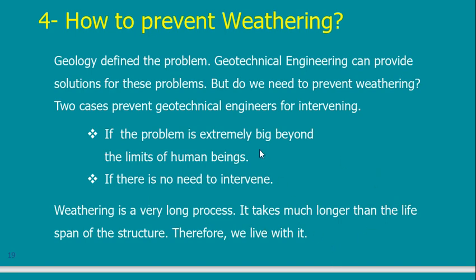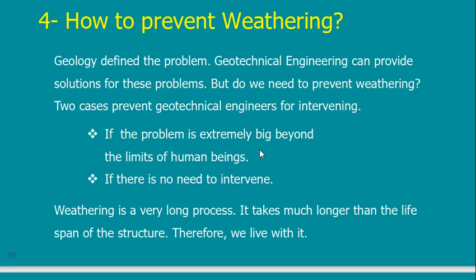We are not going to interfere in this problem. For any type of weathering, I just have to consider that there is a possibility of weathering. But how am I going to take it into consideration? I will say that my building may settle 1 centimeter more than my design value. Why not? I can live with it.